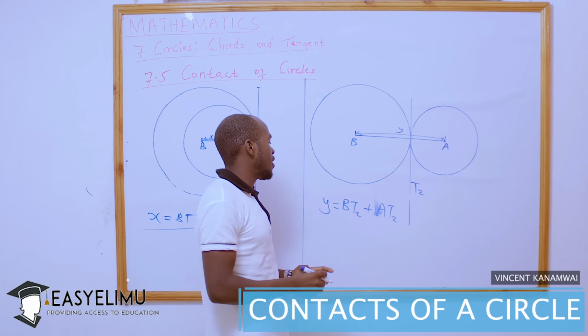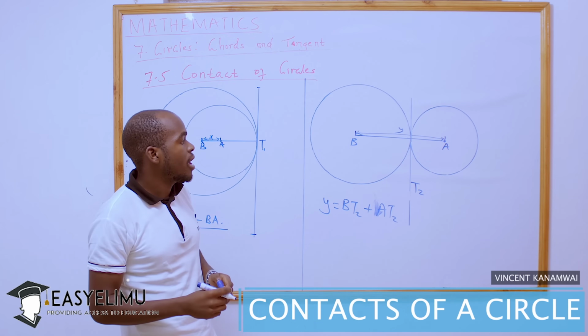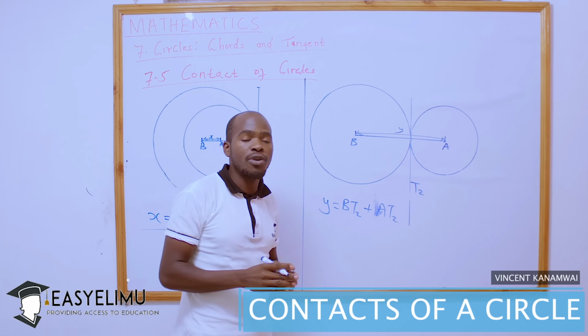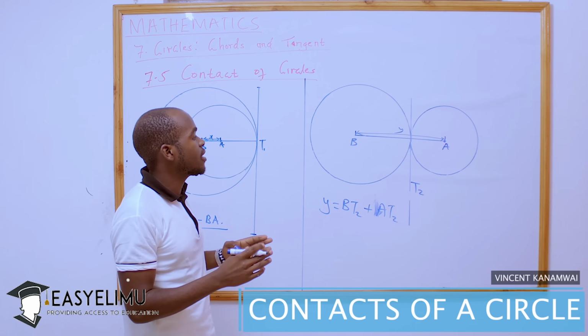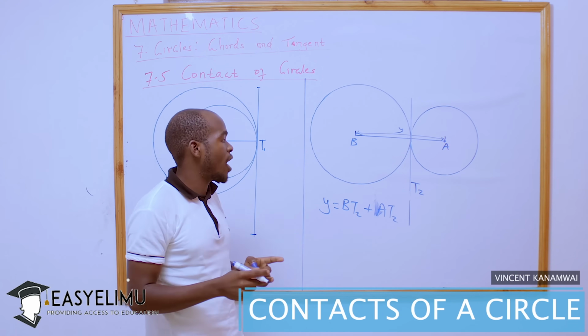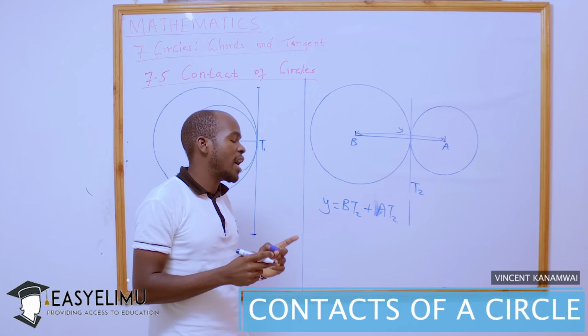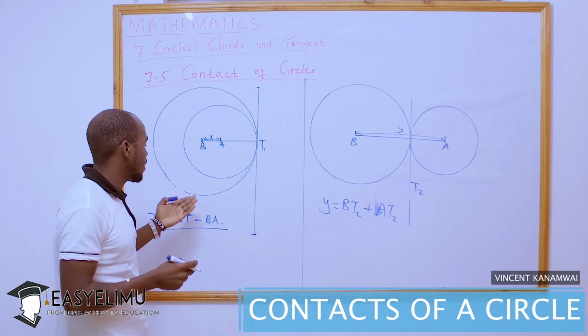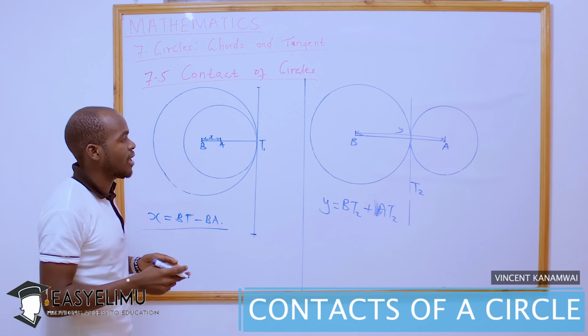So the distance between the centers of the two circles is BT2 plus AT2. This one we have seen how you can calculate.